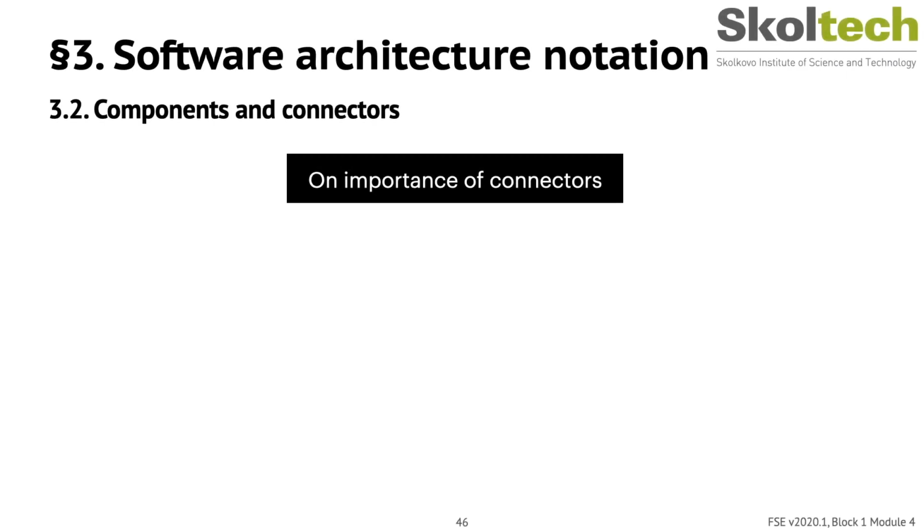Let's talk in a bit more detail about the notion of connectors. Connectors enable components to communicate, but this should not be interpreted as a less important job. They can also do real work, and often that work is the communication that may happen. Connectors can convert, transform, or translate data types between components.